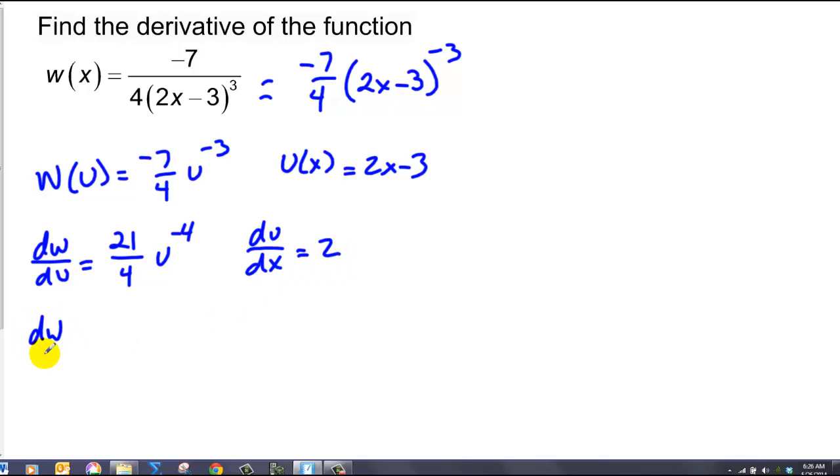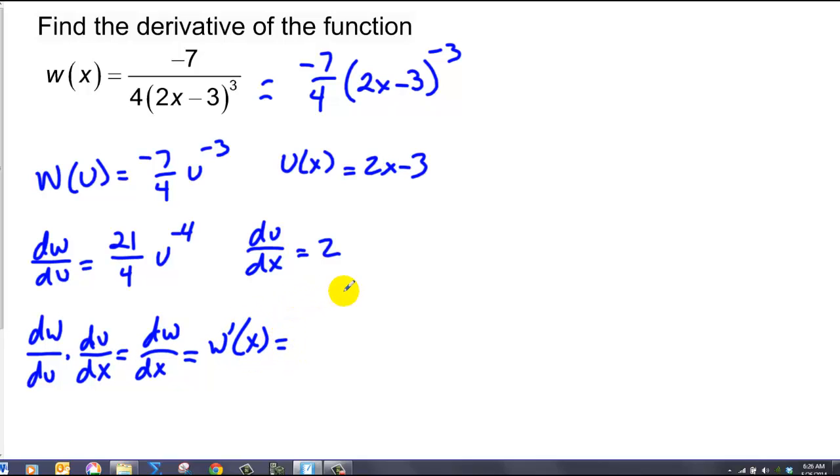So dw du times du dx, which is dw dx, or w prime of x, is equal to 21 over 4 u to the fourth times 2.